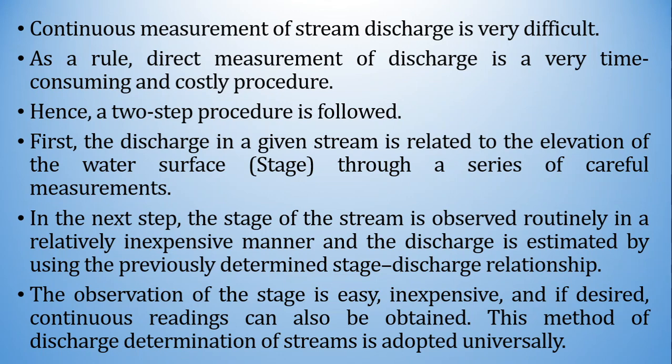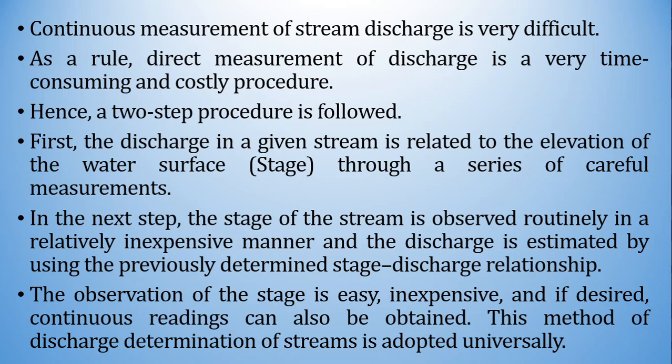Continuous measurement of stream discharge is quite difficult. As a rule, direct measurement of discharge is a very time consuming and costly procedure. Hence, a two-step procedure is followed. First, the discharge in a given stream is related to the elevation of the water surface, that is stage, through a series of careful measurements.